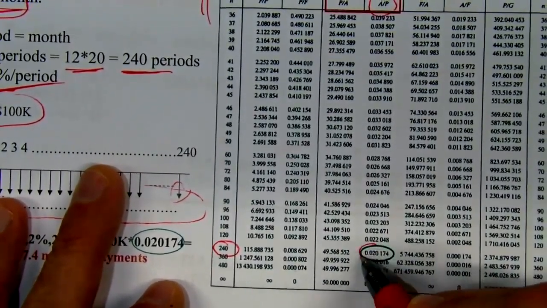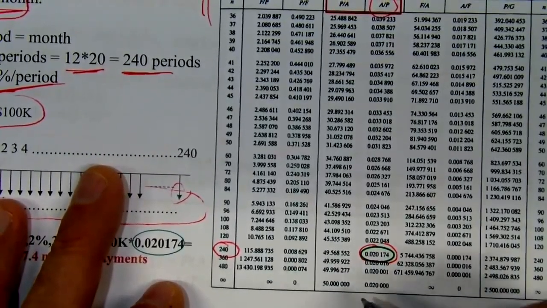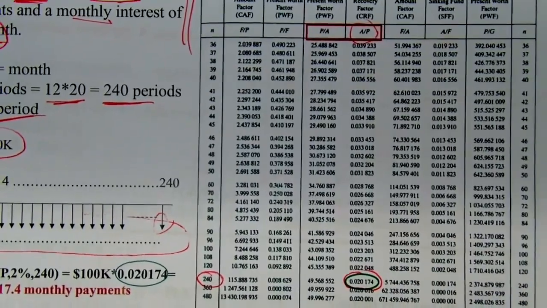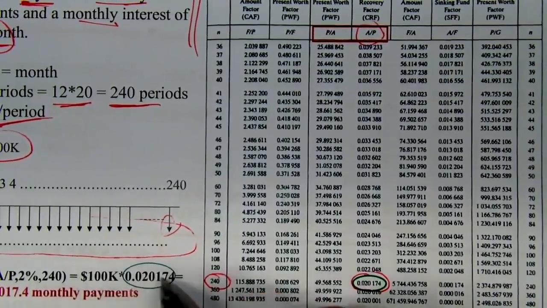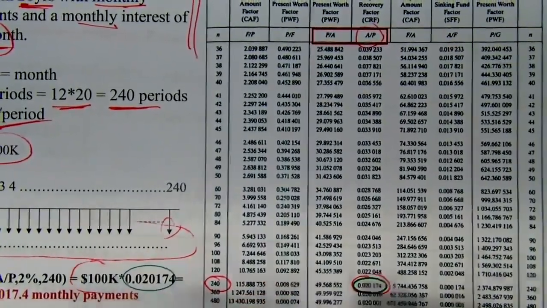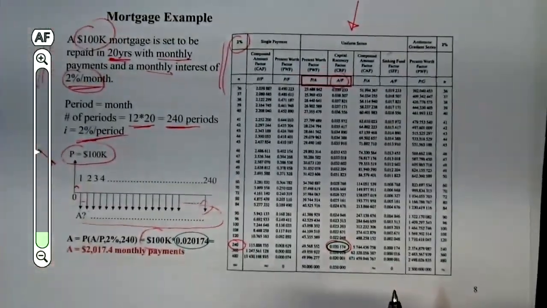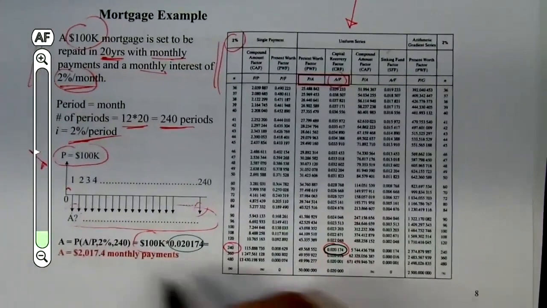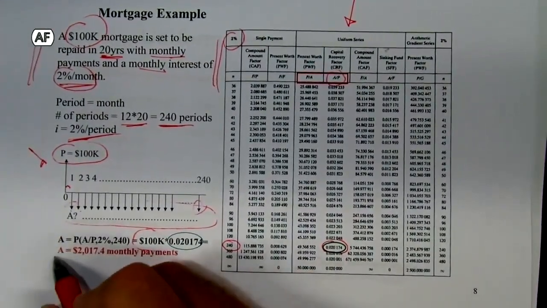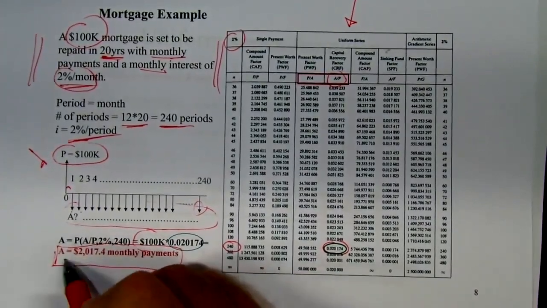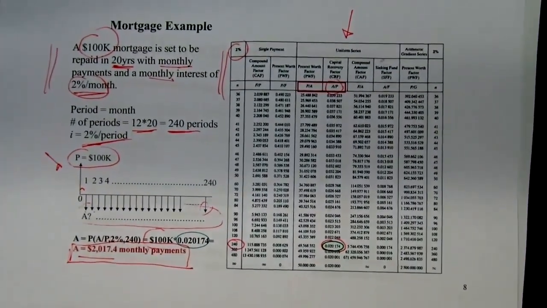And this is the factor that you need to use, which if you cannot read it, it's 0.020174. So if you multiply this by 100,000, which is your initial amount, you get that your monthly payment to make sure that you abide to the contract is a little bit over $2,000 per month.